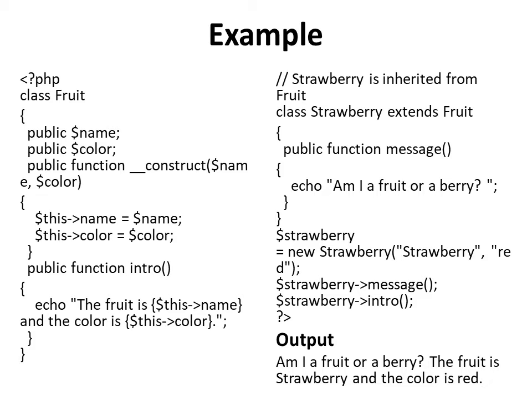When I call message, it will display the output "Am I a fruit or a berry?", and then I called intro, which is inherited from the base class. So it displays the message: the fruit is strawberry and the color is red.